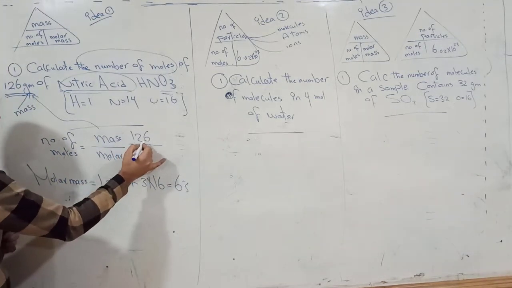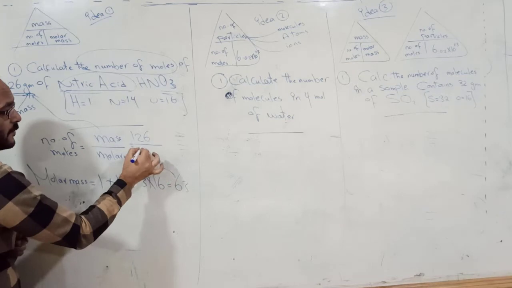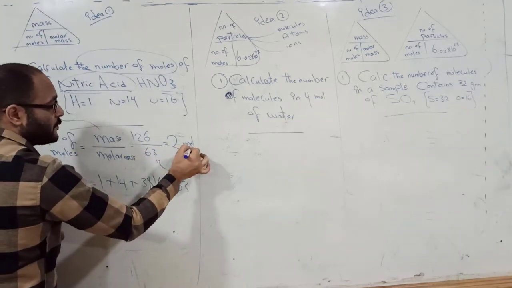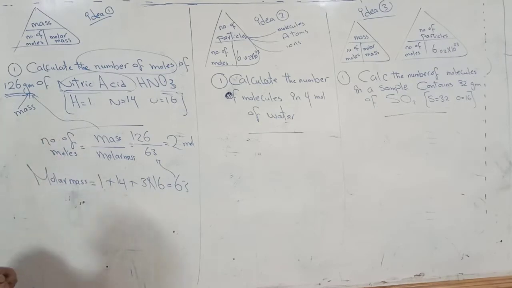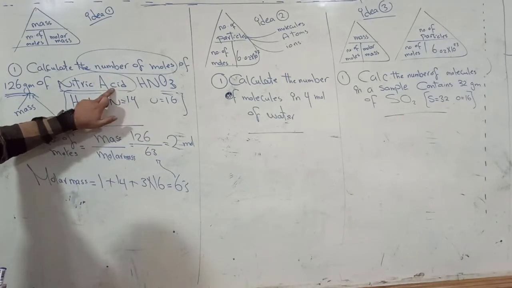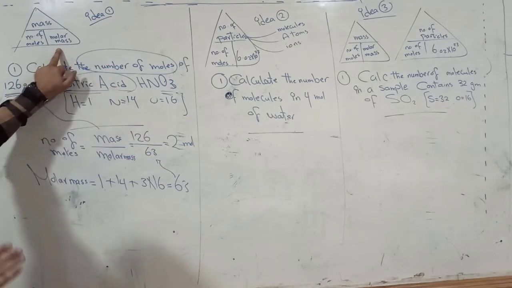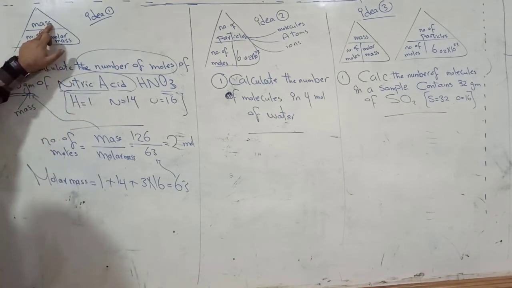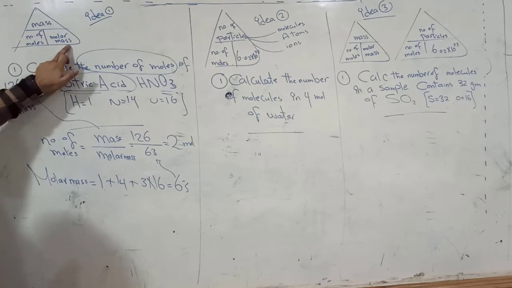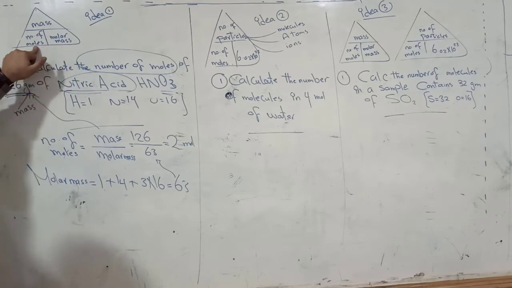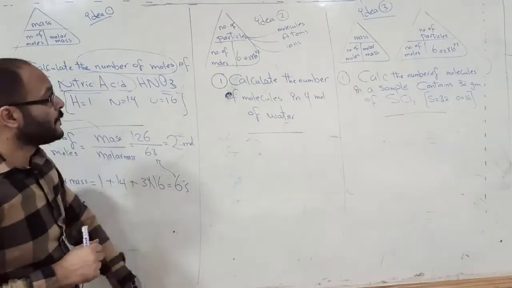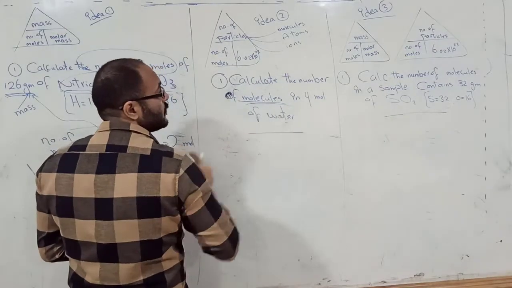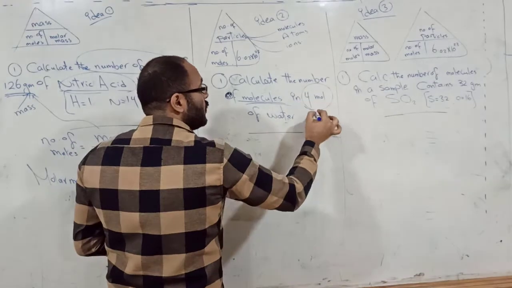So 126 divided by molar mass 63 equals 2 moles. So problem number 1 depends on the first triangle. It's a direct problem. He gave you the mass and you calculate the molar mass to find the number of moles.